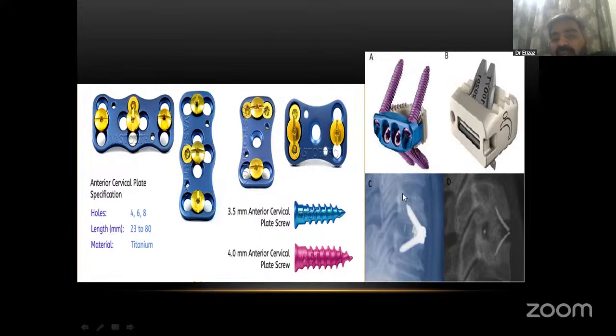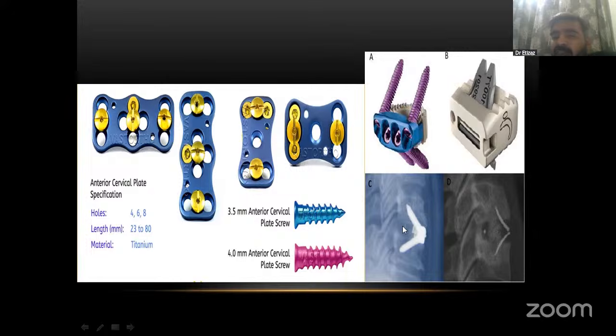Most likely it has 2 screws, and sometimes 4 screws, 2 above in the superior vertebral body and 2 in the inferior body. We will close these screws. It is inside this one, and it has the graft there. This graft actually works as the disc, and it doesn't come outside.